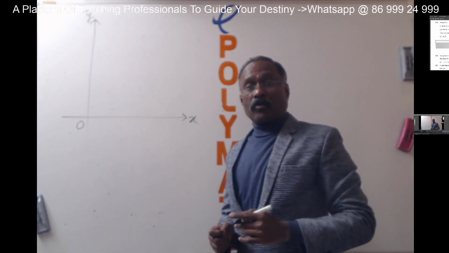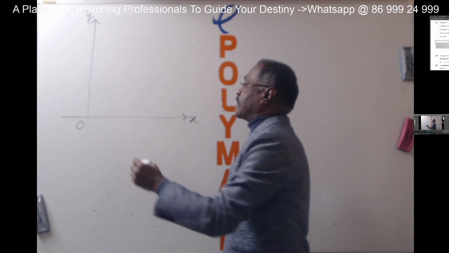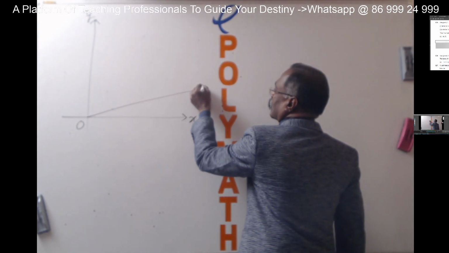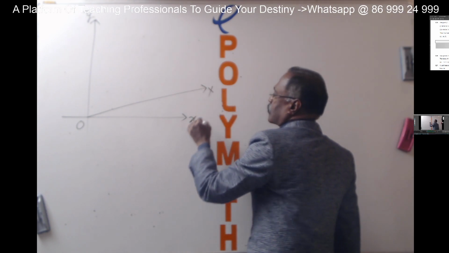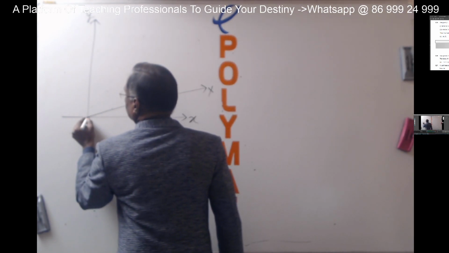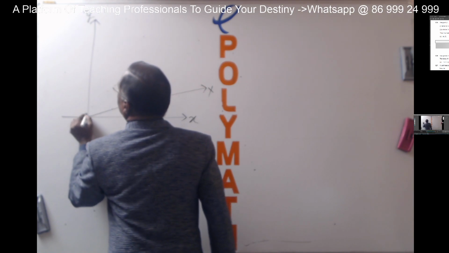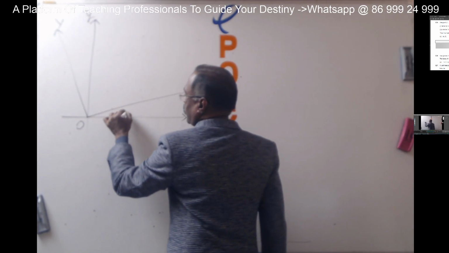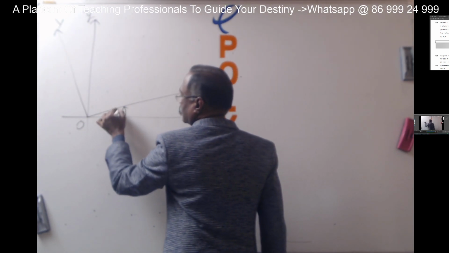Now the axes are rotated through some angle theta, let me say. Capital X, capital Y. This is rotated through some angle theta.